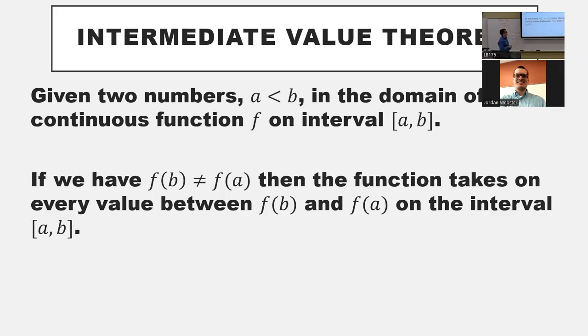If I have 2 numbers in the domain of a continuous function, which do not give me the same output values, then every value between f of B and f of A, so that means any horizontal line I draw, will be obtained on the interval from A to B. So I have to cross that horizontal line somewhere between A and B.